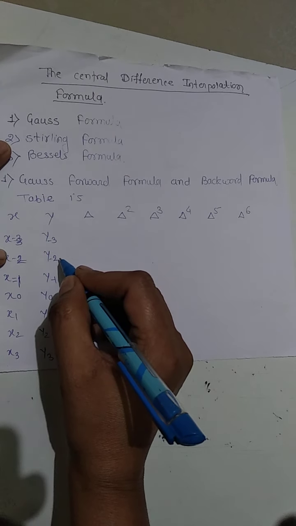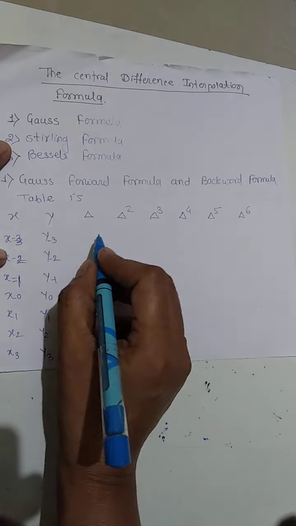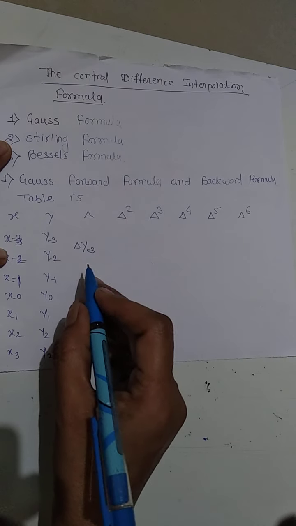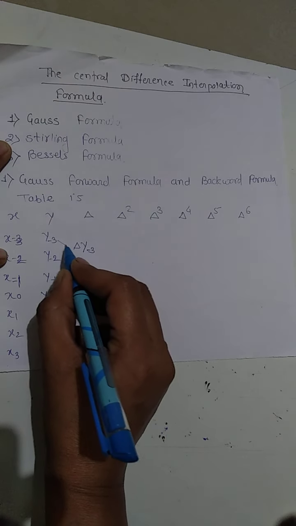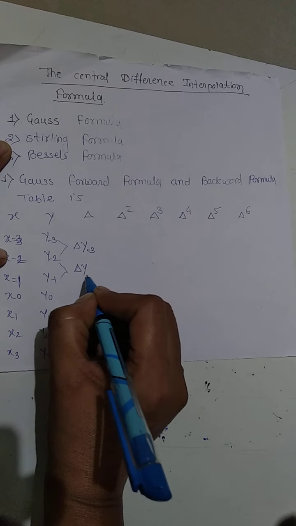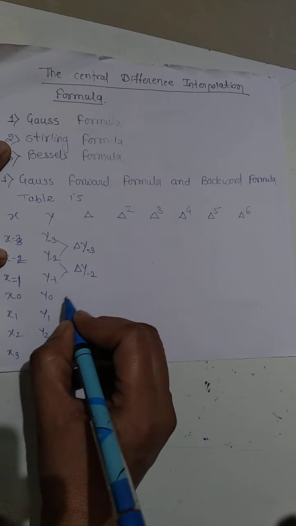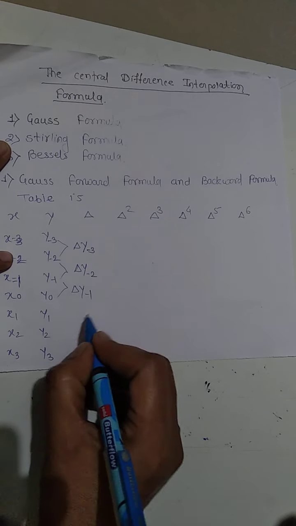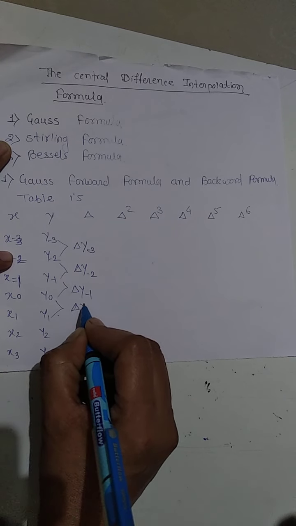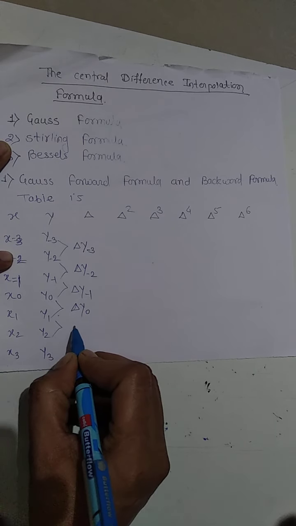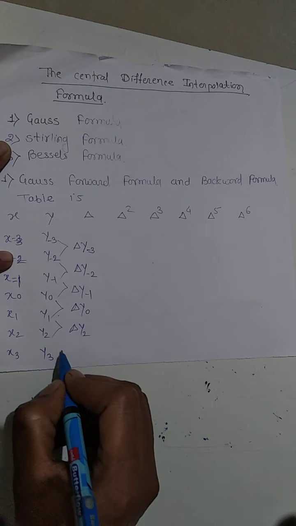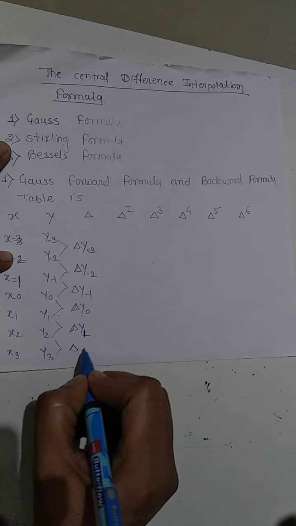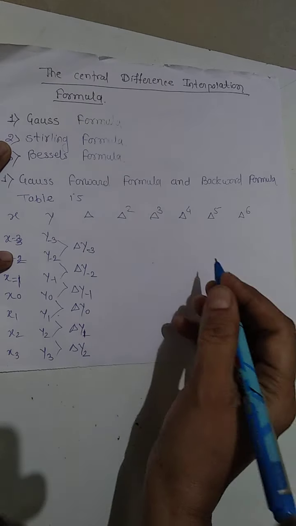First difference is del y minus 3, that is y minus 2 minus y minus 3, then del y minus 2, del y minus 1, del y0, del y1, and del y2.